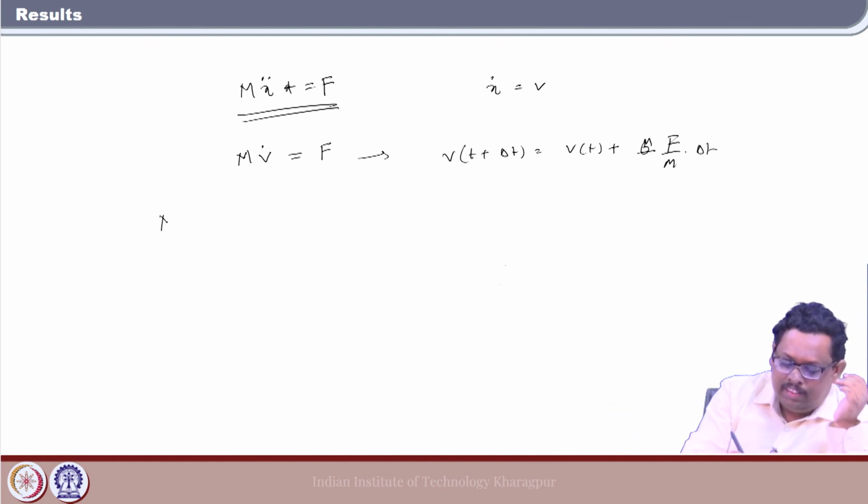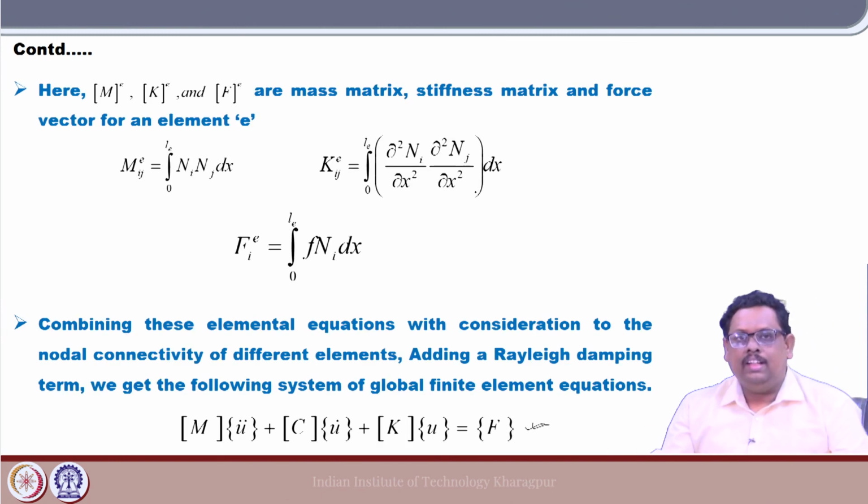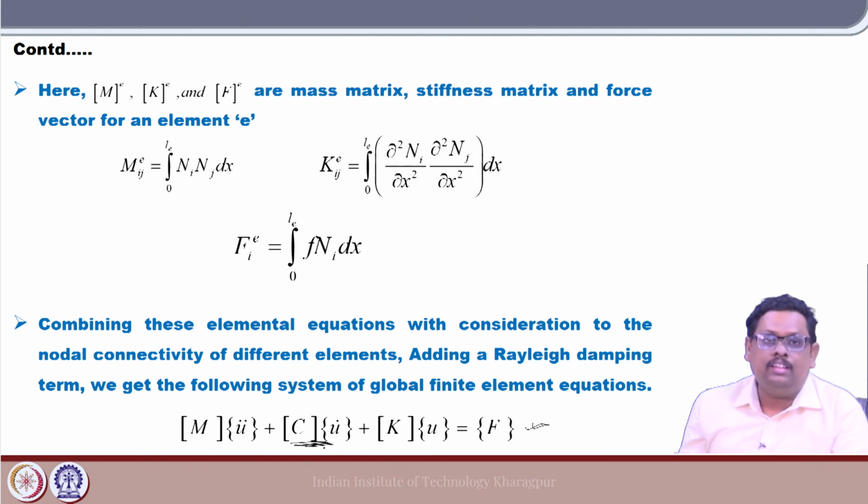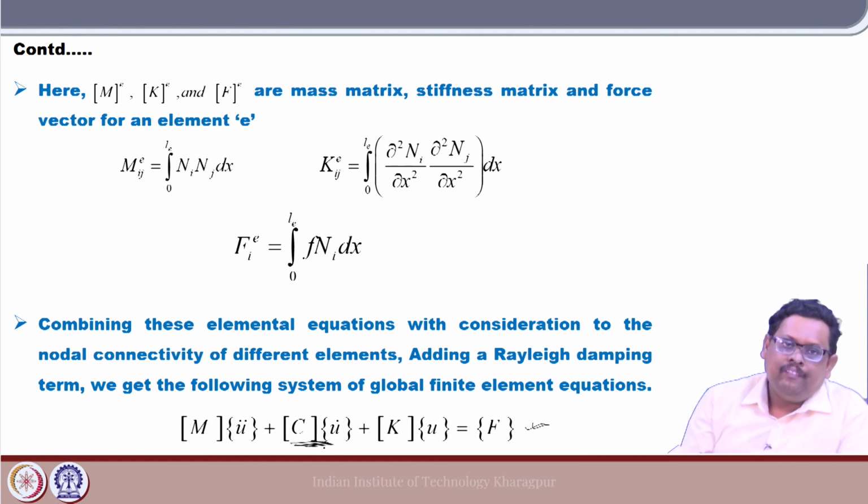Similarly, here also you can have m into x double dot plus c into x dot plus k into x equal to f. Now, you can see where this c term is coming from. This damping term you need to add externally, and a lot of literature is available for this. You can use any damping scheme.